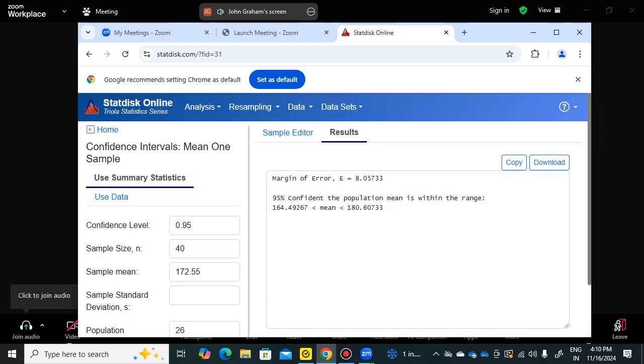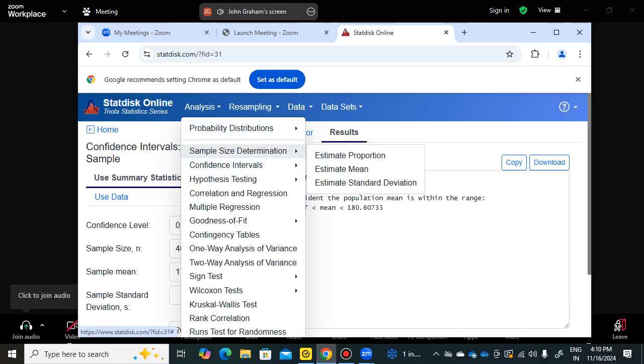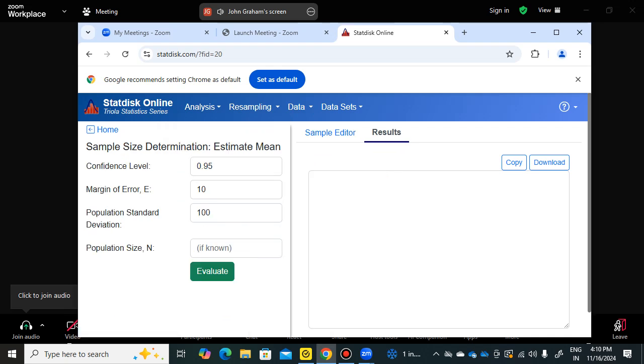So we gotta go to sample size determination, estimate, let's see, we'll target around mean. So estimate mean, 95% confidence level, margin of error of 3, population standard deviation 15, we get 97.